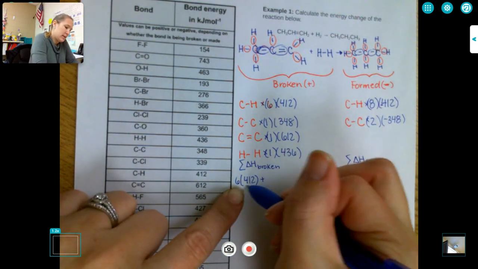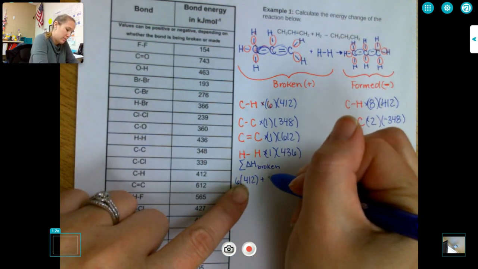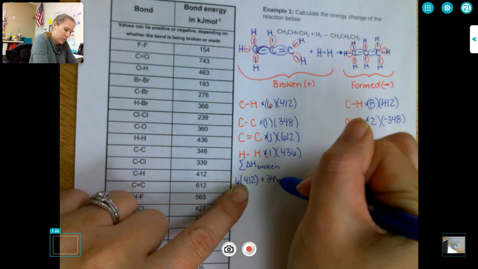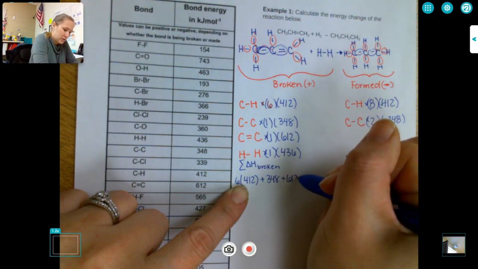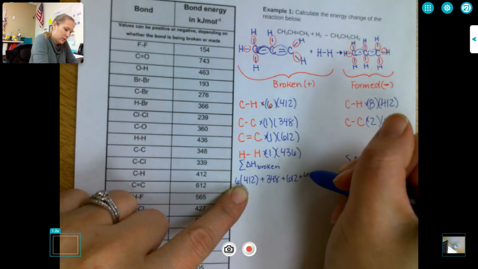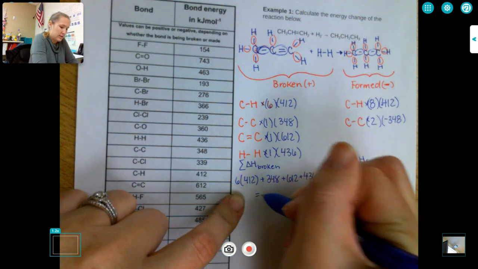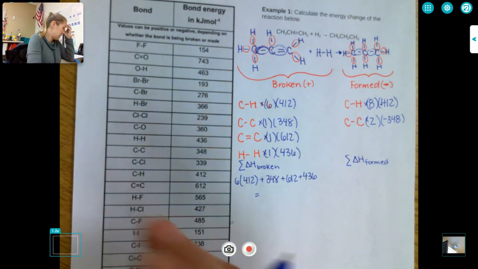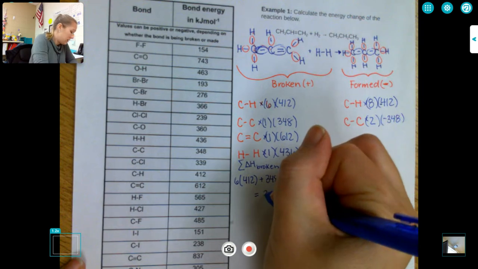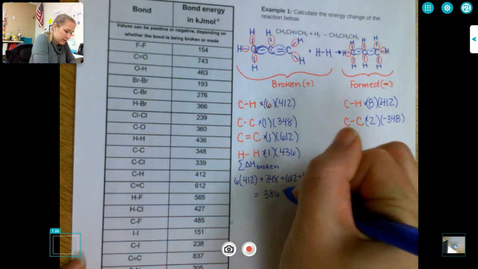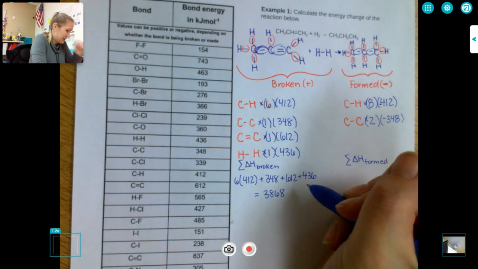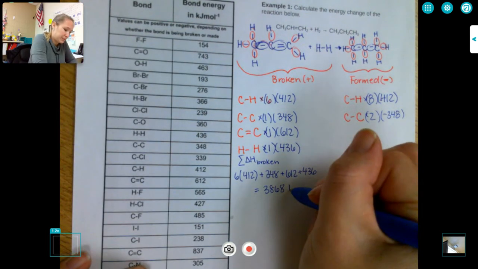So bonds broken, 6 times 412 plus 348 plus 612 plus 436 equals, and I did this a minute ago, 3868. This is in kilojoules per mole.